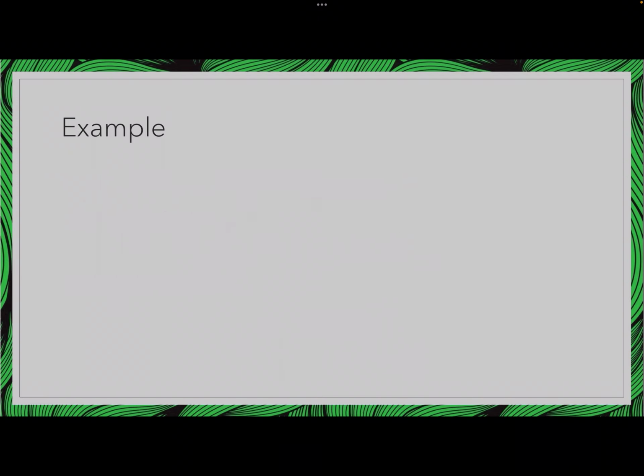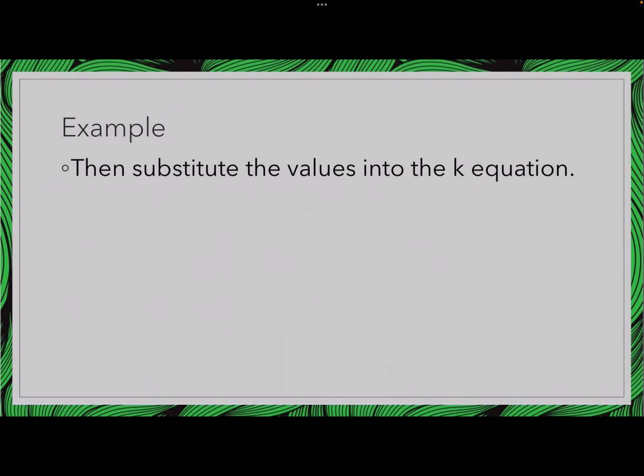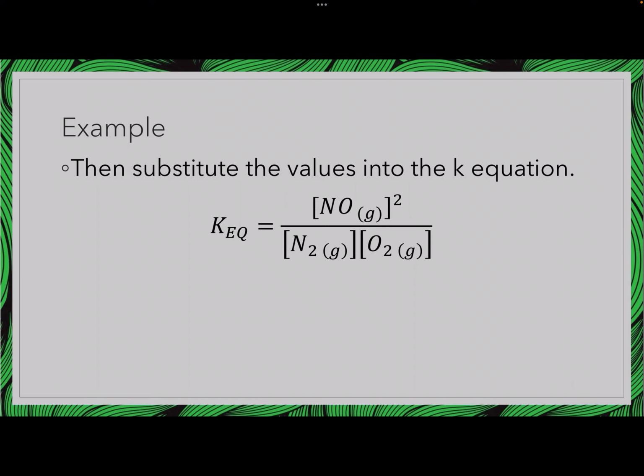Once we've got the K equation, we substitute in the values that we had. I believe the concentration of NO was 2, the others were 0.5 from memory. We just substitute that in, and we get 16. That is the value of K_eq for this reaction at this temperature.